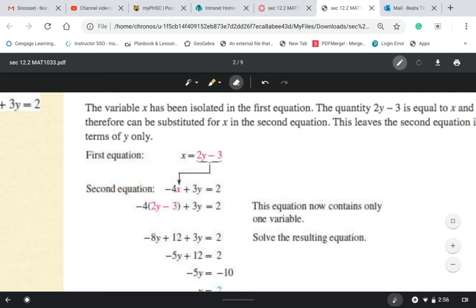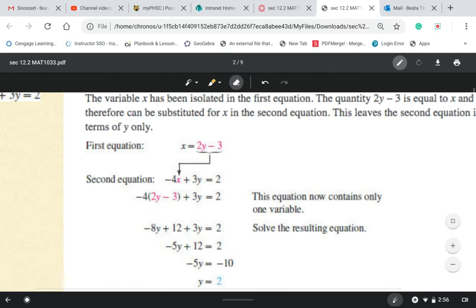We work on the second equation, which is -4 times x + 3y = 2, and this x we're replacing with 2y - 3, which is the x from equation 1.